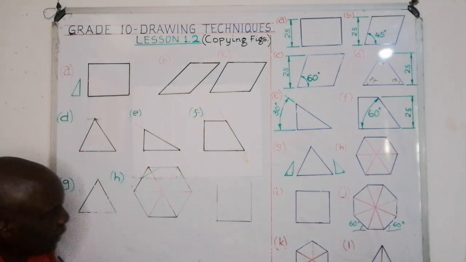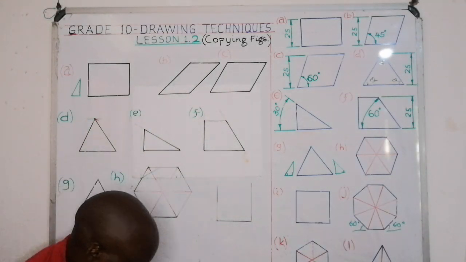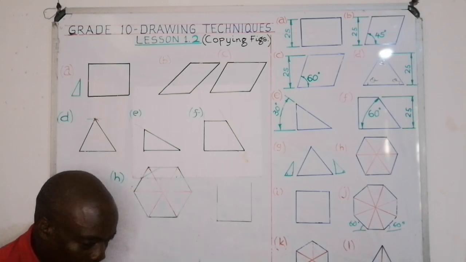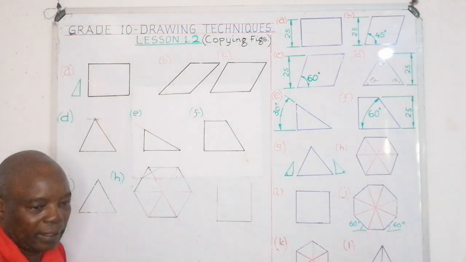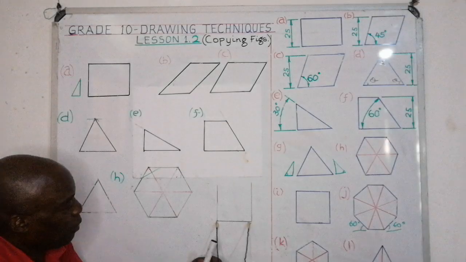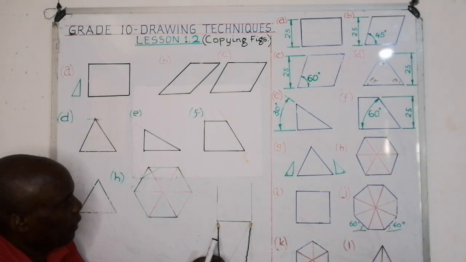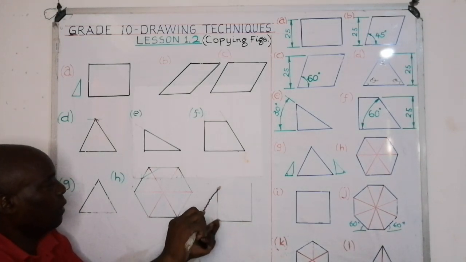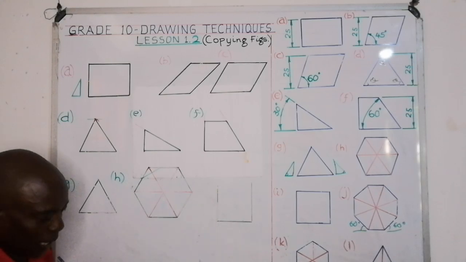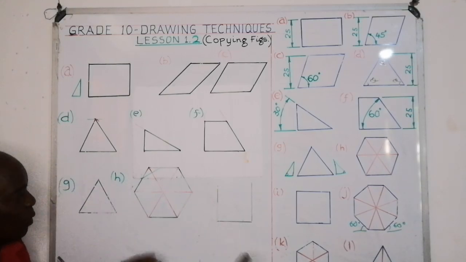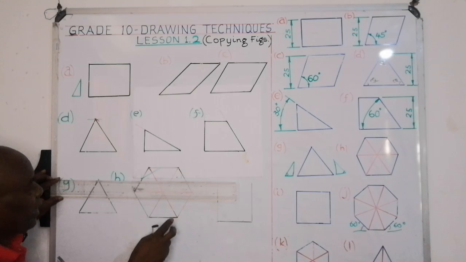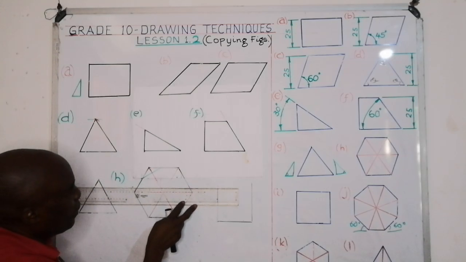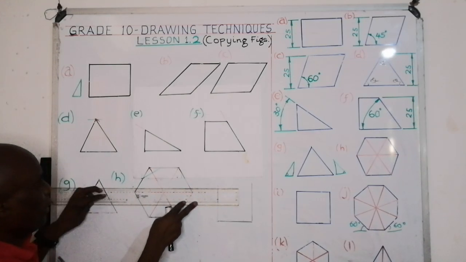And then since it's a square, all the sides must be equal. And I'm going to use my dividers to mark off this, and then I mark it there, just one on one line. It's enough because you are going to use a T-square to transfer that. And you use your T-square like that.